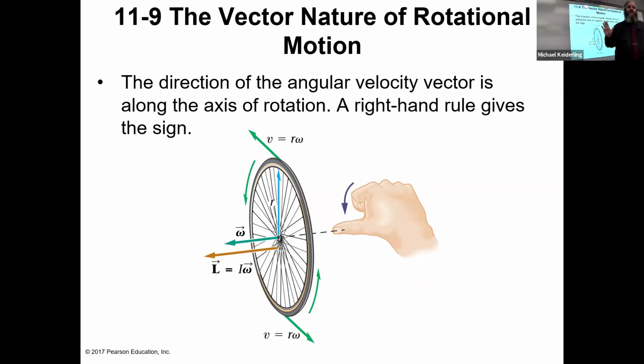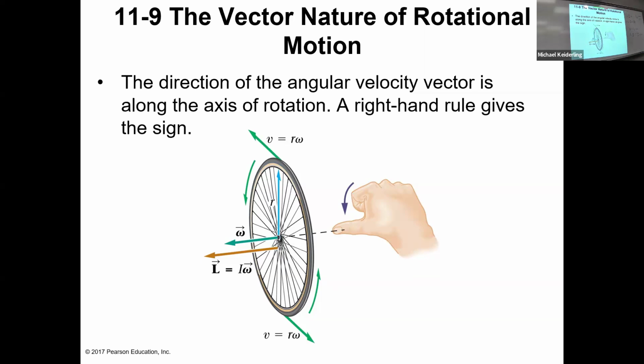We can treat any angular rotation as being a vector. Your angular velocity and your angular momentum will be along the axis of rotation and in the direction where your fingers on your right hand curl in the direction the object is rotating.